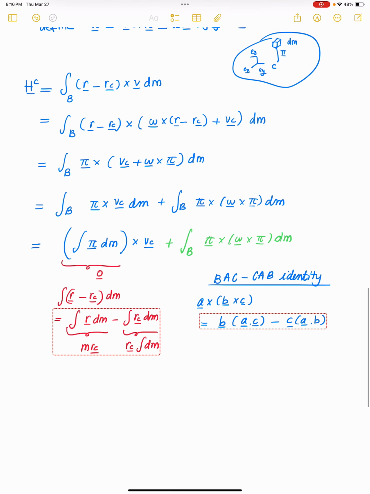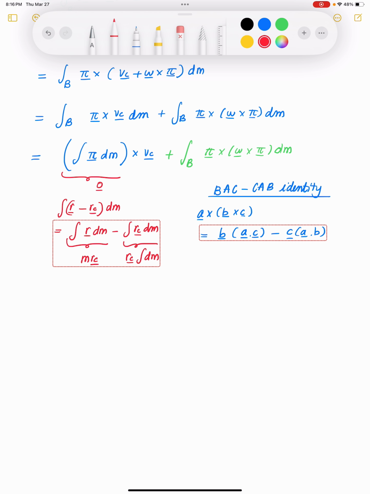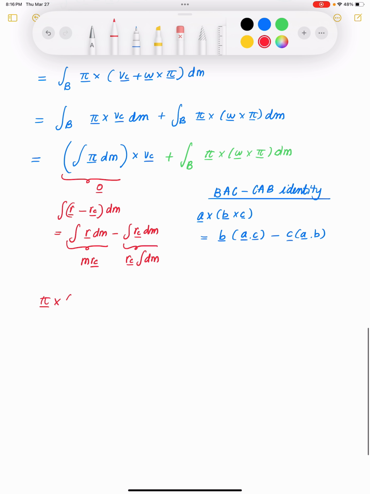Okay, that's great. So I'm gonna use this identity to simplify that term. So pi cross omega cross pi is equal to omega, pi dot pi, minus pi, pi dot omega.